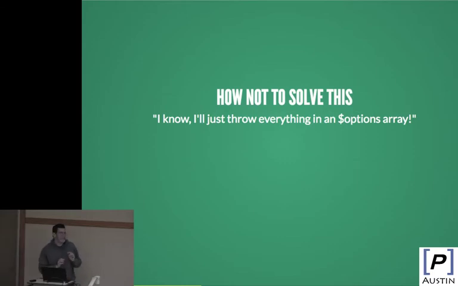So you don't want to say, oh, well, we have 10 parameters. What we can do is throw that into an options parameter on the constructor, and we're good. But that kind of defeats the purpose of being able to very quickly see what your dependencies are in the class that you're creating. And you also lose type checking built into the PHP language by saying, oh, well, I'll have an options array, and it will have a bag of things in there, and I'm not sure what the things are, and I can no longer use type declarations to check it.